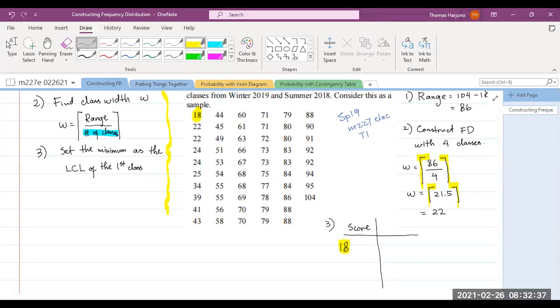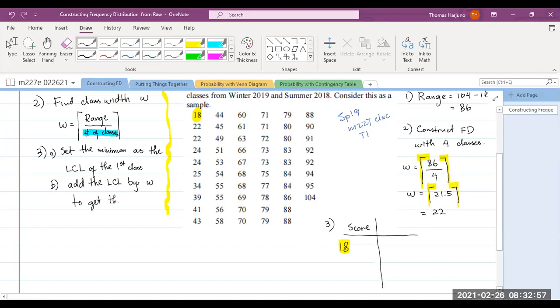Now then, next, add the lower class limit by the class width to get the next lower class limit.